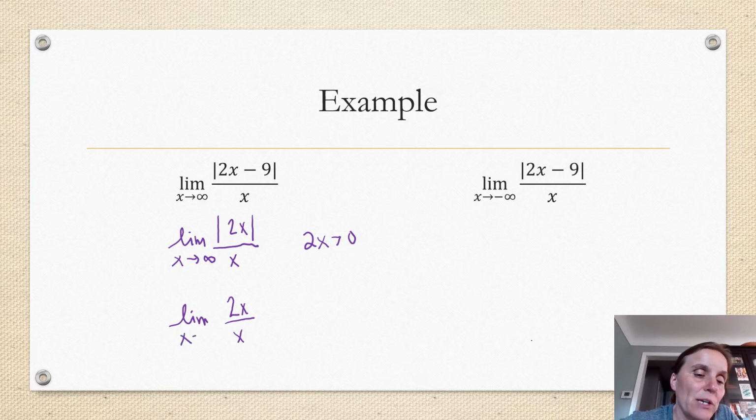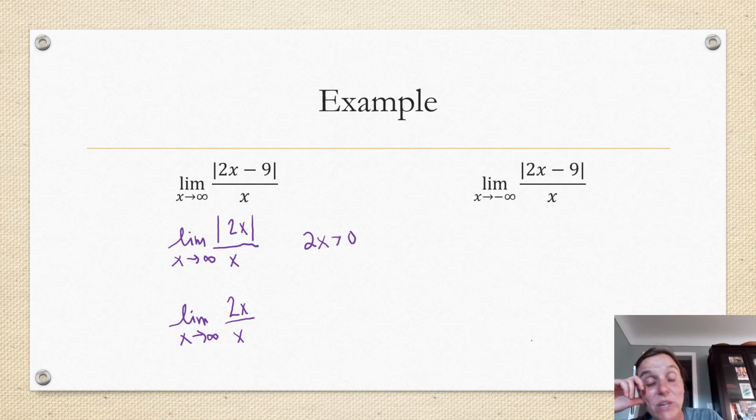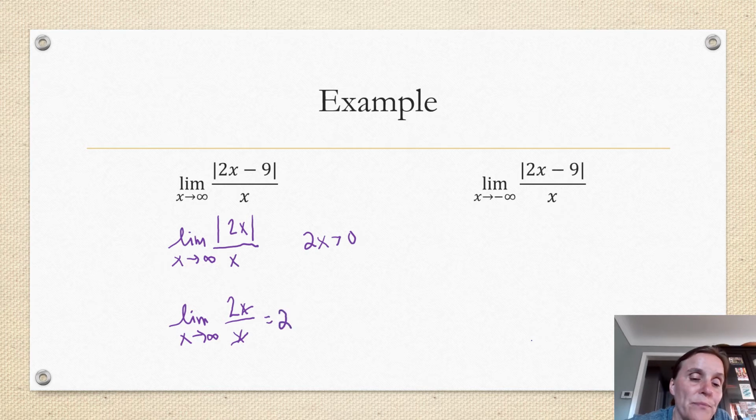The absolute value bars are important if what's inside the absolute value is negative, but we know in this case that it's not. So our x's here cancel, and we wind up with 2. So this function right here has a horizontal asymptote of y equals 2.